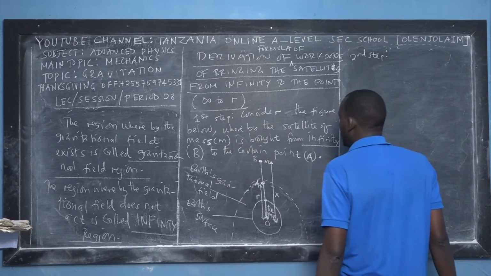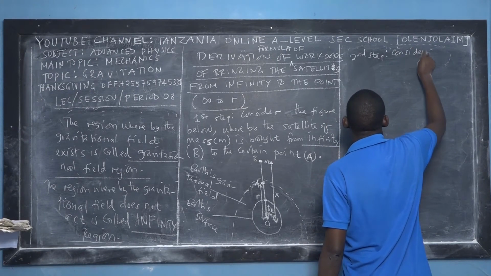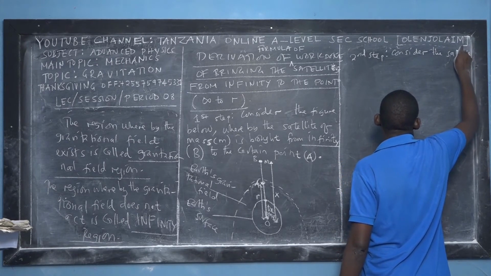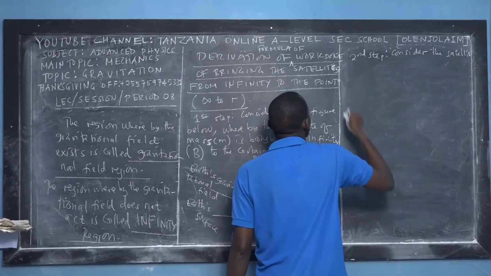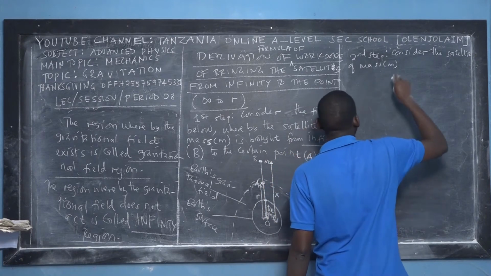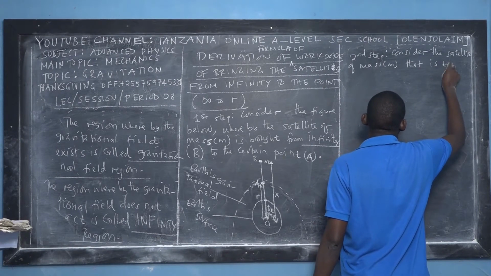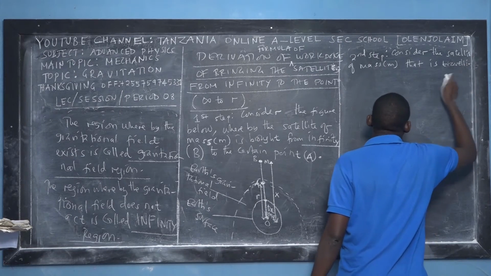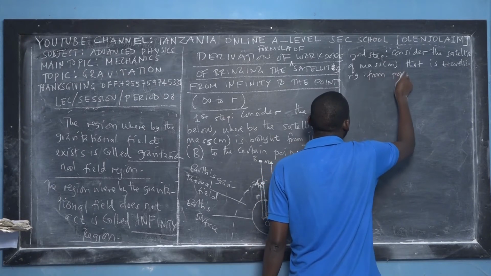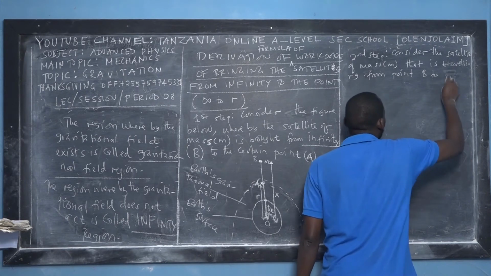In the second step we say: consider the satellite of mass m that is traveling from point B to point C.